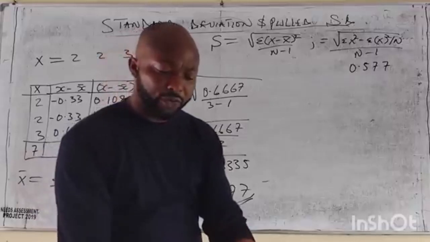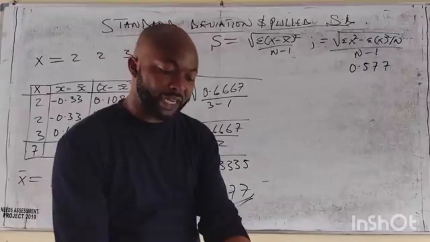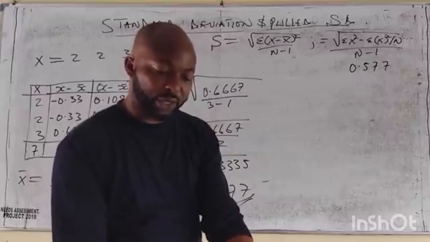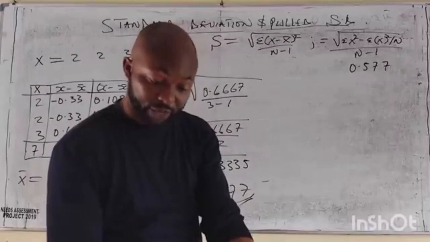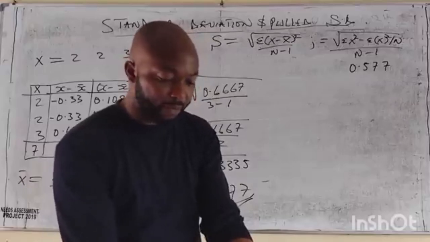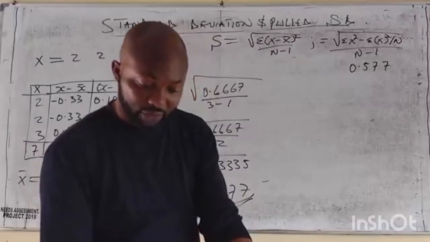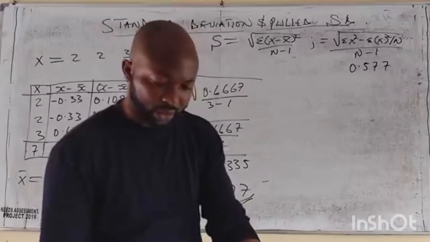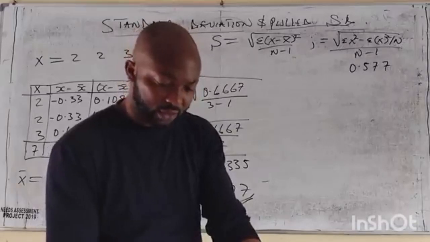Okay, we're going to move down to the pooled standard deviation. Let's see what we get, because the principles of pooled standard deviation seem different from the ones we've been dealing with. So we have to look into them carefully so that we'll be able to get what we want and deal with it perfectly.